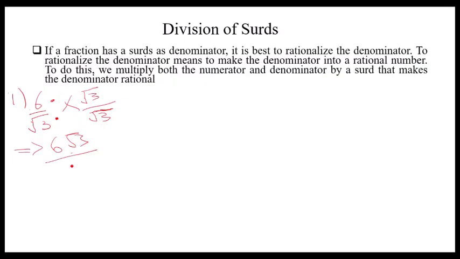Root 3 times root 3 is 3, right? So the 3 goes into the 6 twice. So this is the same thing as 2 root 3. Do you understand? Let's move on to the next question.